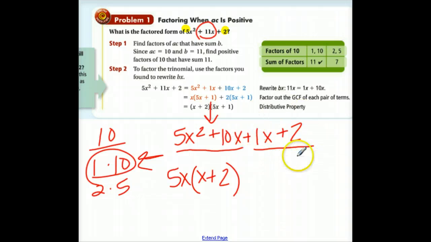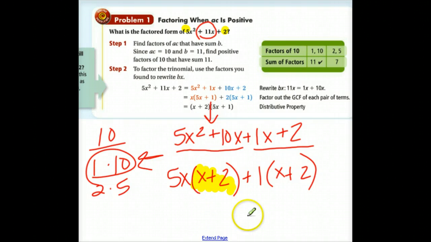Now I'm looking at the second set. I can't factor out anything. Technically, I could factor out the number 1, and I would be left with the same thing, x plus 2. Notice now, in doing that, we have 5x times x plus 2 plus 1 times x plus 2.